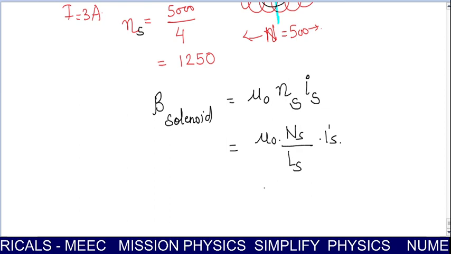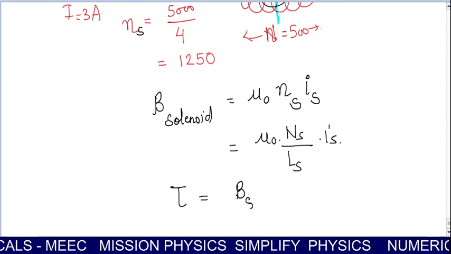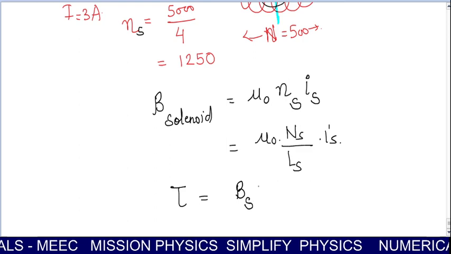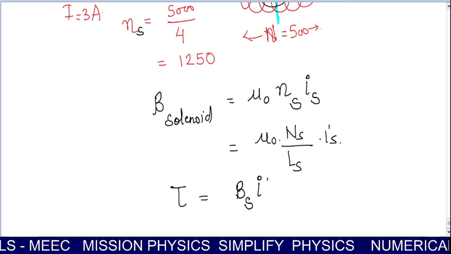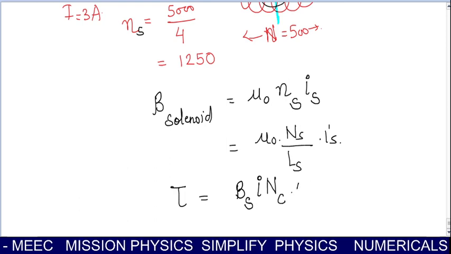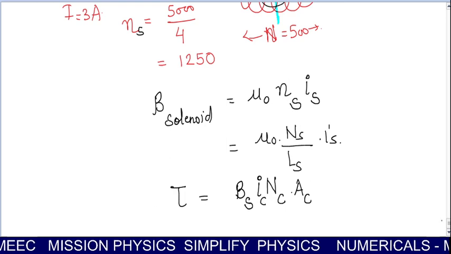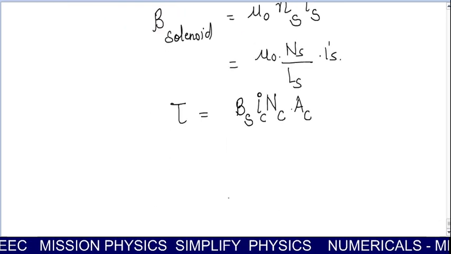Now the formula for torque is the magnetic field produced by the solenoid, which the coil will experience, into I into the number of turns in that coil into the area of that coil. So these all will carry the subscript C for the coil.